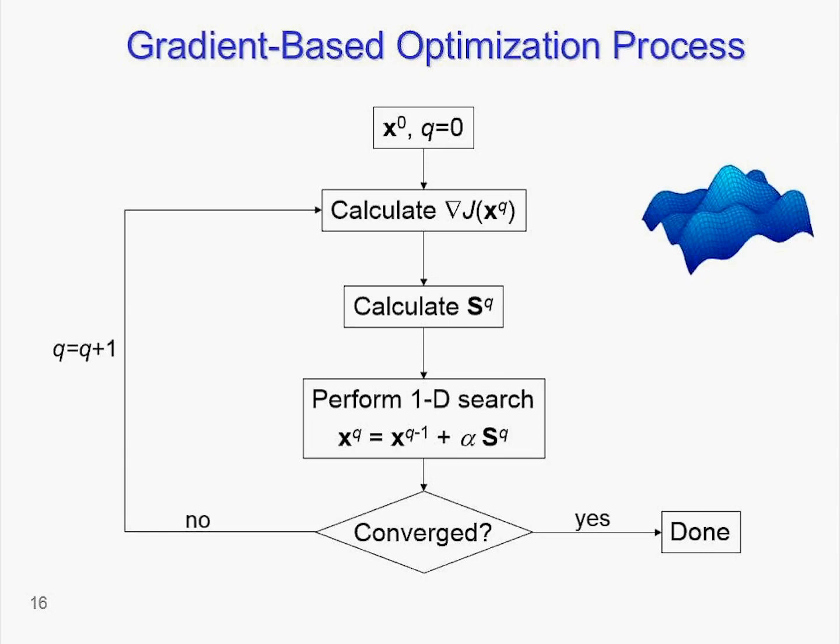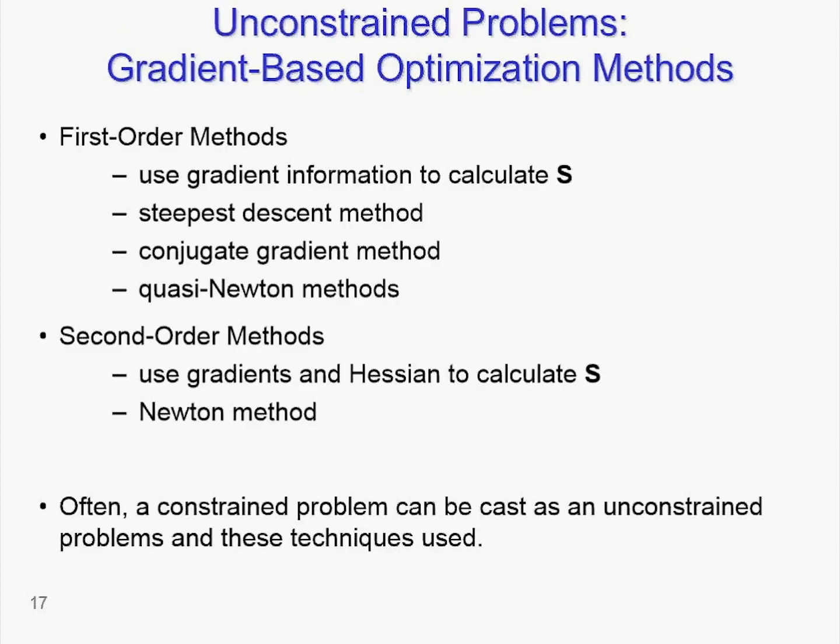With the gradient-based method, we're going to use the gradient of J to compute this S^q. And we're going to check for convergence. We'll talk about what that might mean, and just go around this loop until we're done. So these are the methods that we'll talk about. I think maybe we'll just talk about steepest descent right now, and then we can talk about the other ones on Monday. But steepest descent and conjugate gradient are first-order methods.